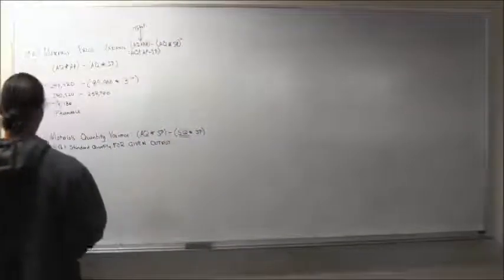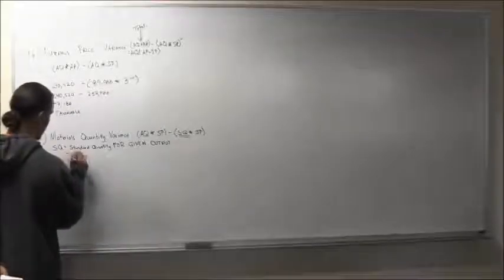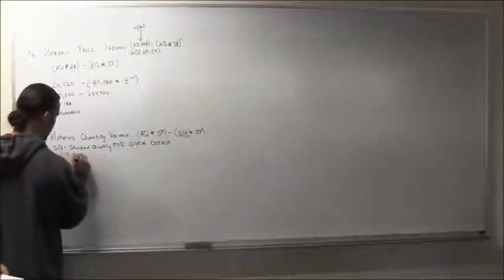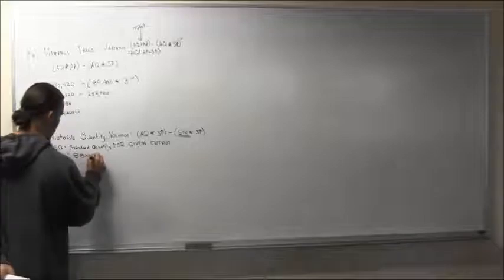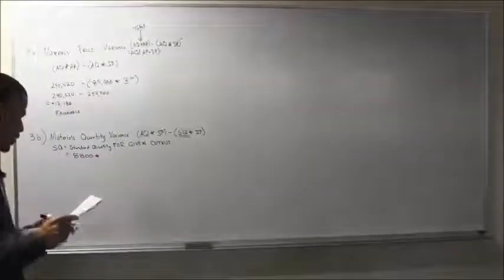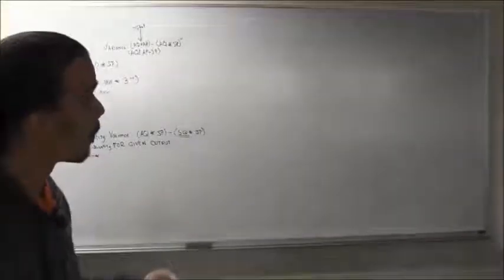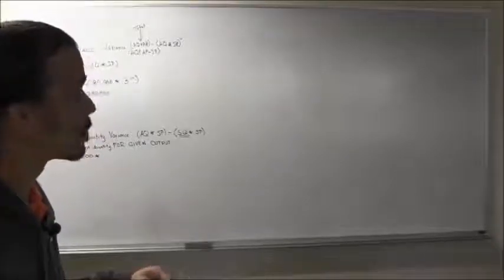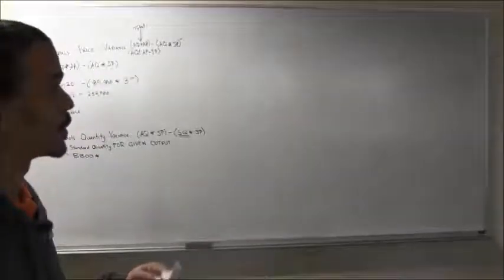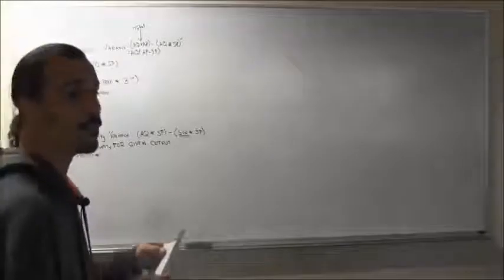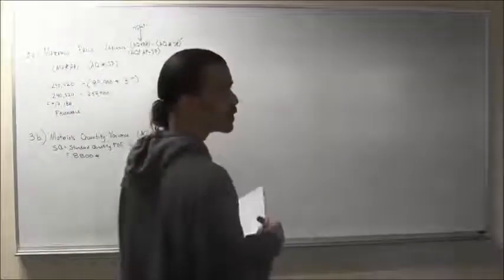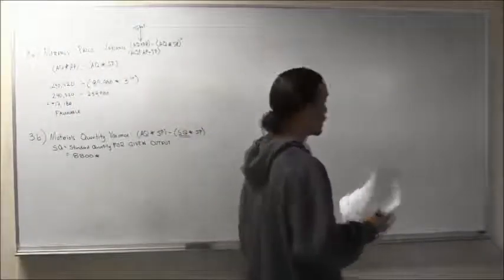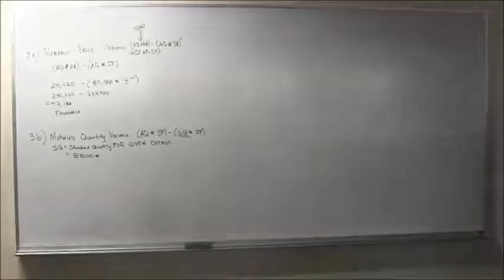So we say 8,800 units times, how many pounds of material should I use per unit? 9.2. Does everybody see where we get that? There's your direct materials standard quantity.